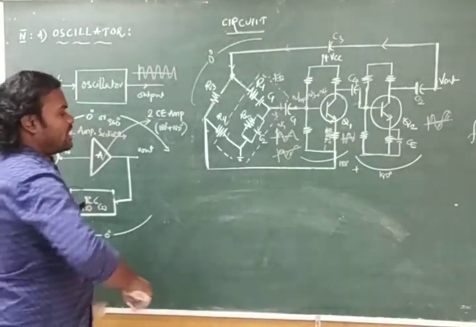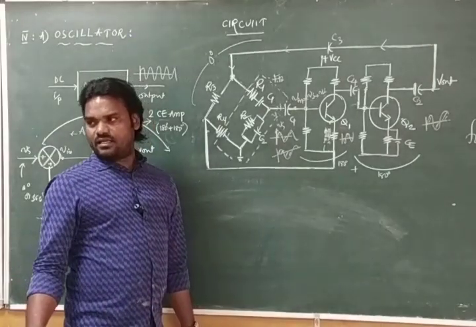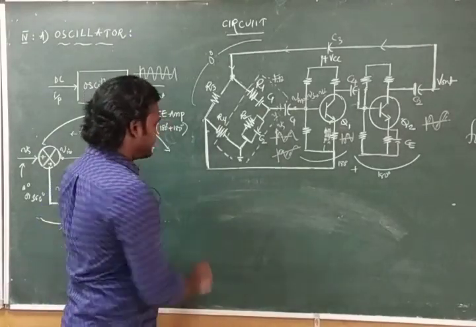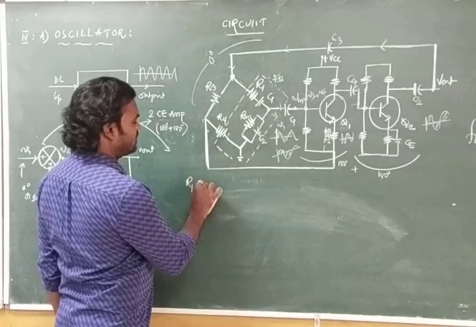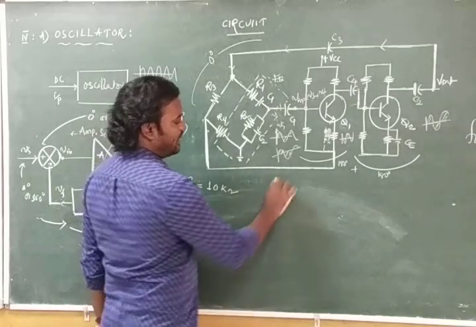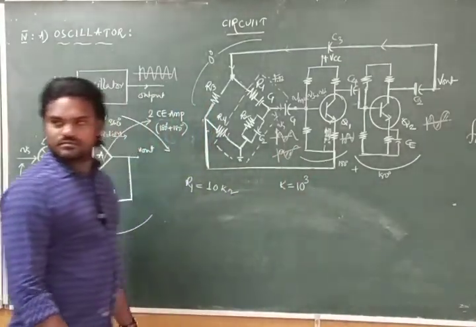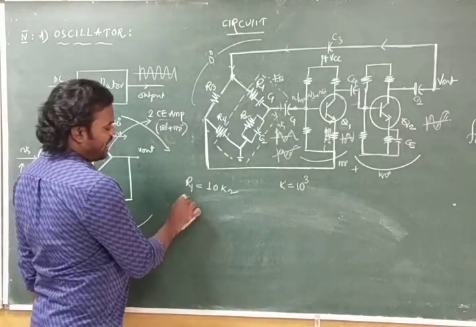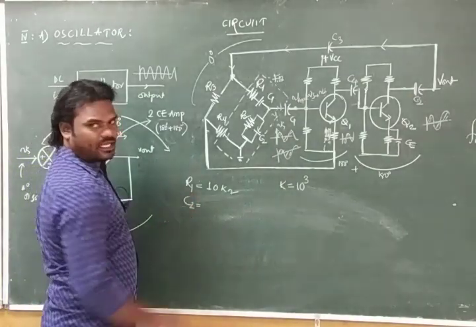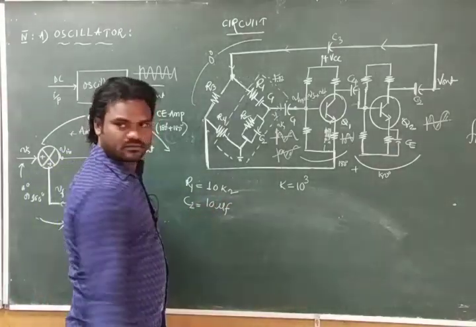We have the Wien-Bridge oscillator designed with the resistor R1, given as 10 kilo ohm. You should remember that kilo means 10 power of 3. We also have C2, the capacitor in the feedback network, that is 10 microfarads.